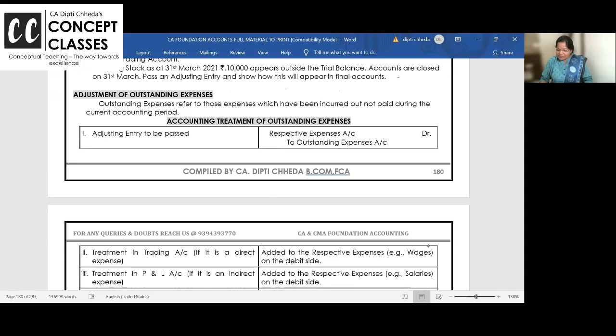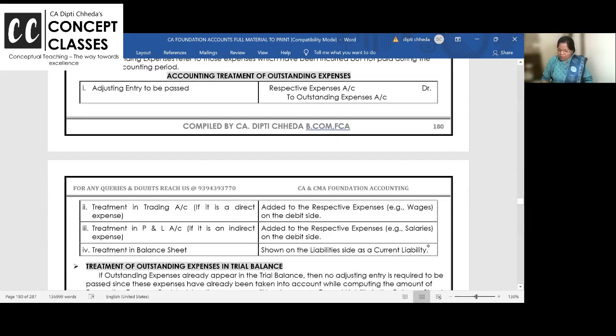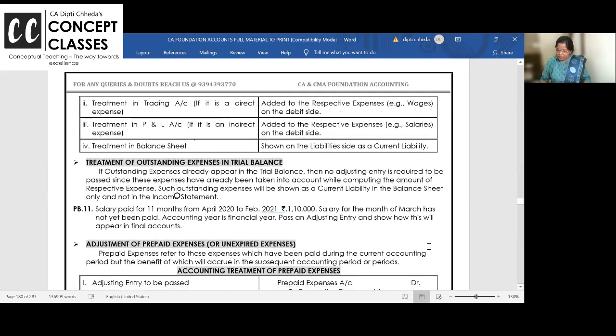So adjustment entry is respective expense account debit to outstanding expense. One effect is add in the expense, whether it is in the trading account or P&L account, and outstanding expense will come in the current liability. Is this clear to all of you?